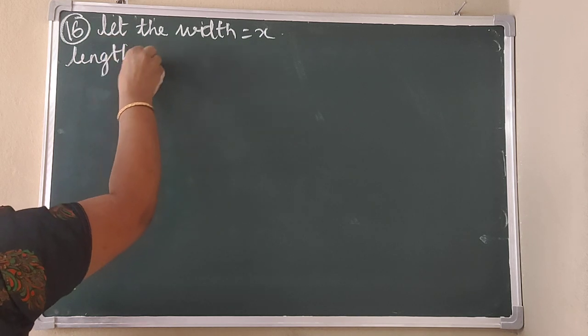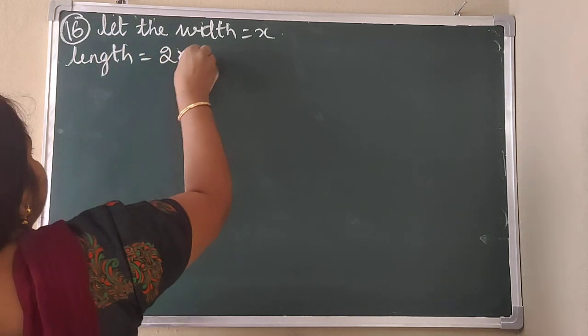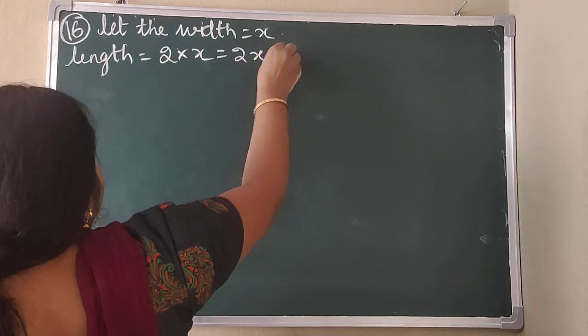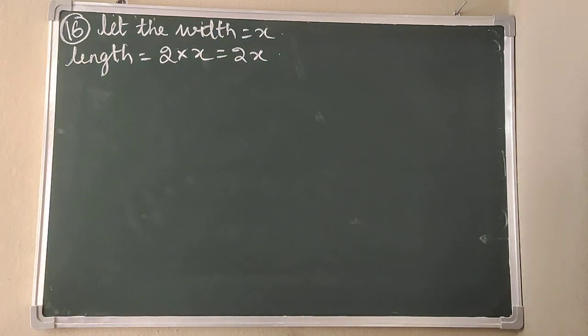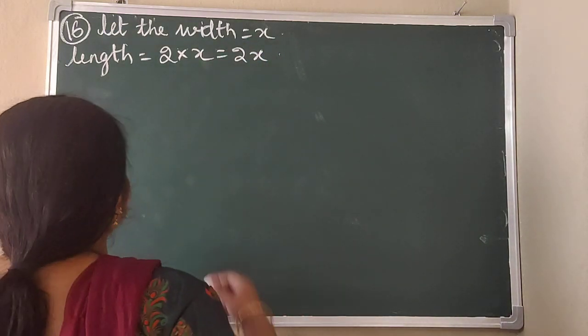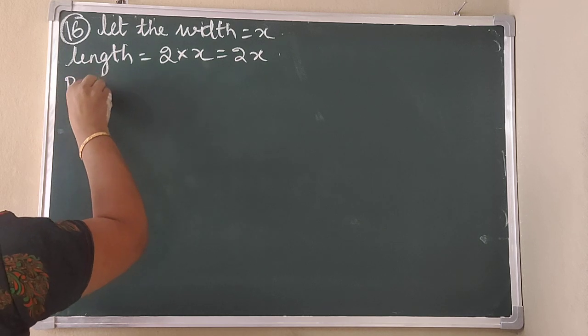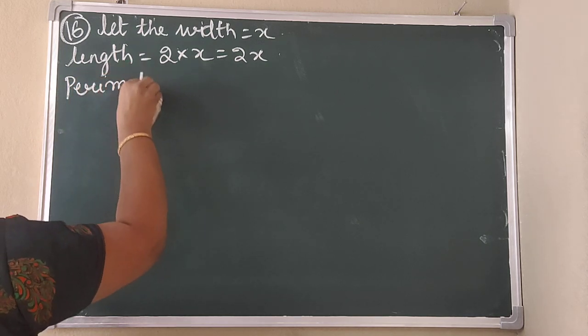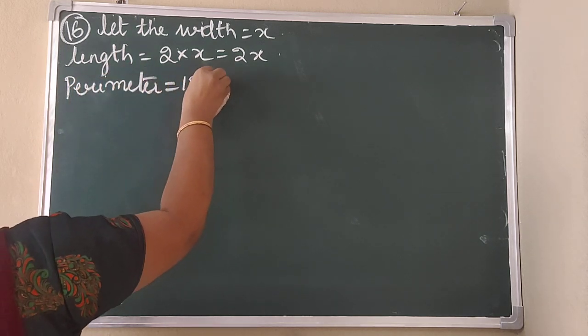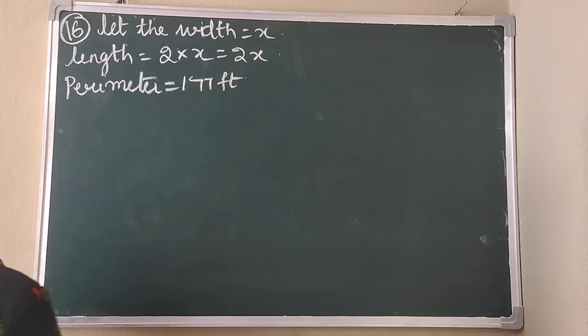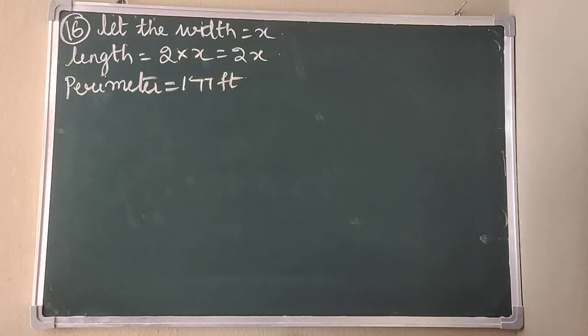They told that length is twice the width, that is 2 into x, that will be equal to 2x. And perimeter value they have given as 177 feet.